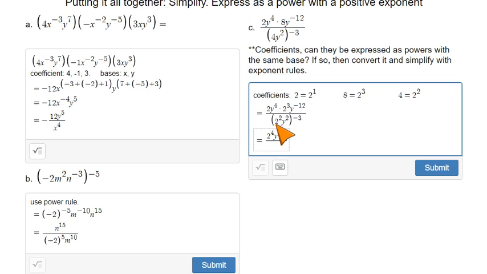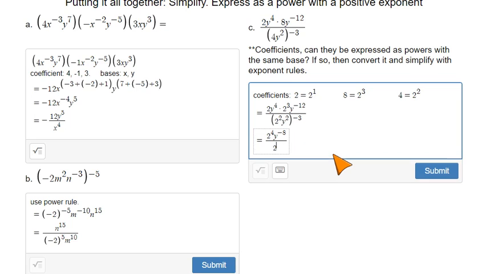In the denominator, we're going to use the power rule to distribute the negative 3 into all the bases. So we have 2 to the negative 6 and y to the power of negative 6.